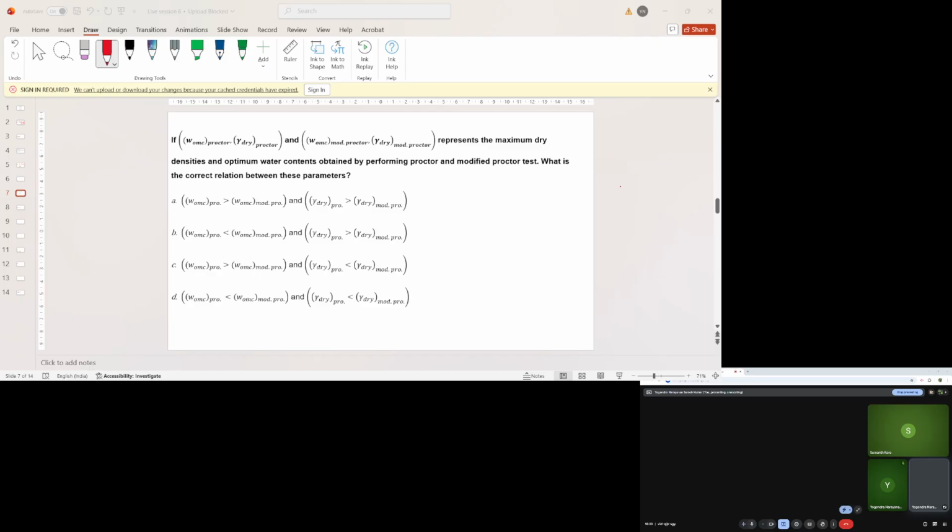Right? Now, what happens if we use modified Proctor? How will the curve shift? So what is the difference between the standard Proctor and modified Proctor test?